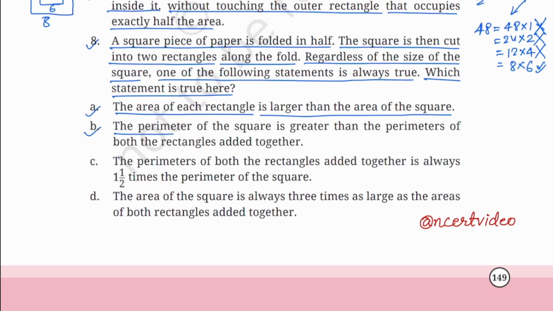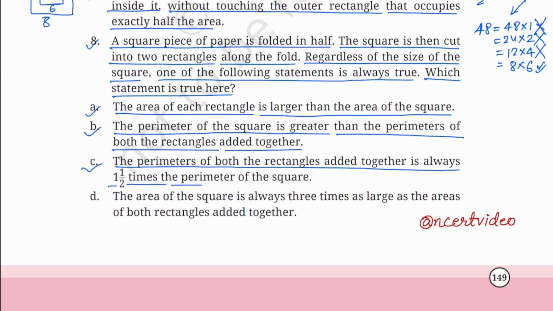B. The perimeter of the square is greater than the perimeter of both the rectangles added together. C. The perimeters of both the rectangles added together is always 1 whole 1 by 2 times the perimeter of the square. D. The area of the square is always 3 times as large as the areas of both rectangles added together.